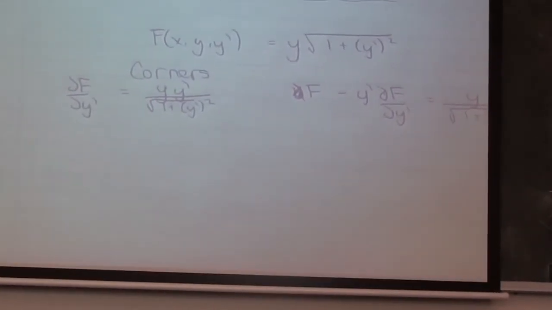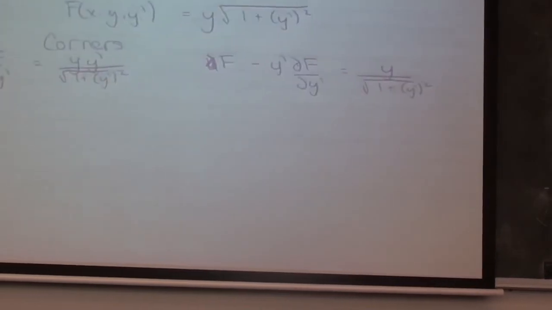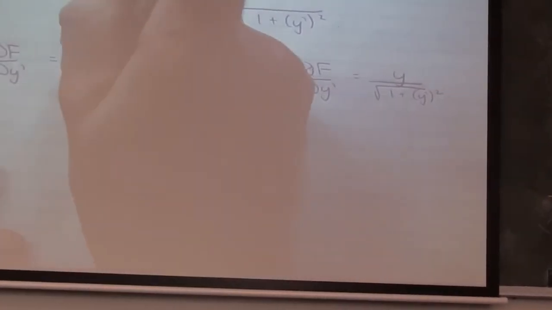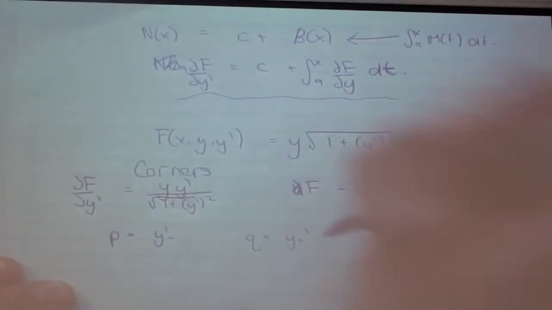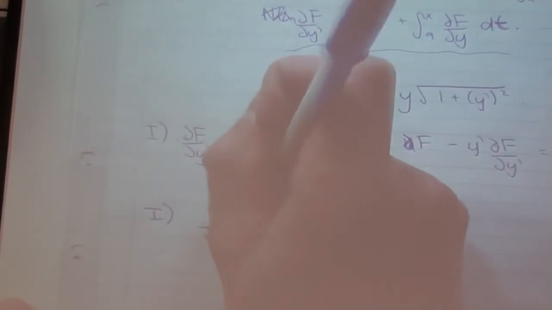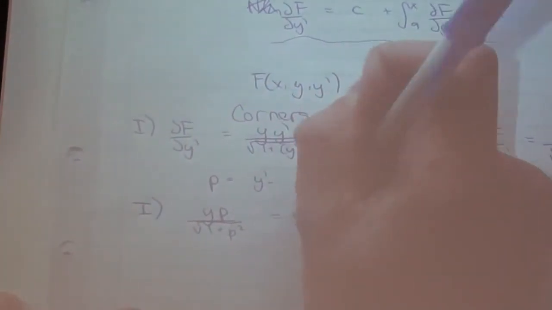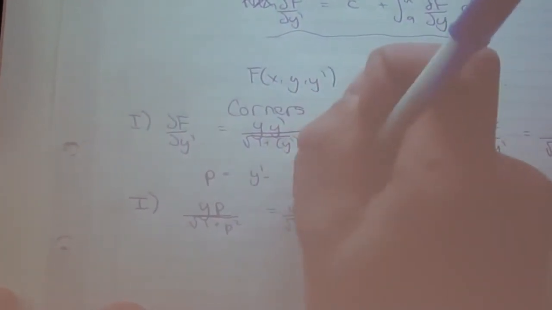So, as mentioned before, we set the left-hand limit of the derivative to be p and the right-hand limit to be q. And so, equating the functions, we'll start with the first one. y over root 1 plus p squared equals y over root 1 plus q squared.